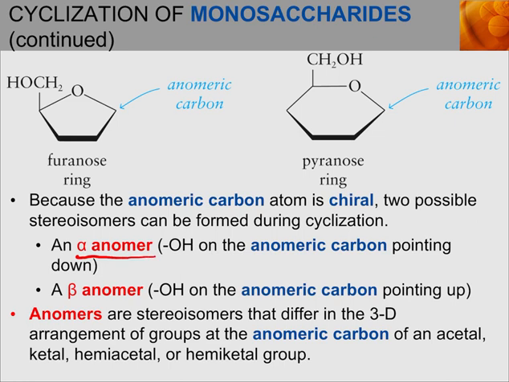The alpha anomer has an OH group on the anomeric carbon that points down. The beta anomer has an OH group on the anomeric carbon that's pointing up. So this is just a way to distinguish between the two different stereoisomers. So instead of D and L, we call it alpha and beta.